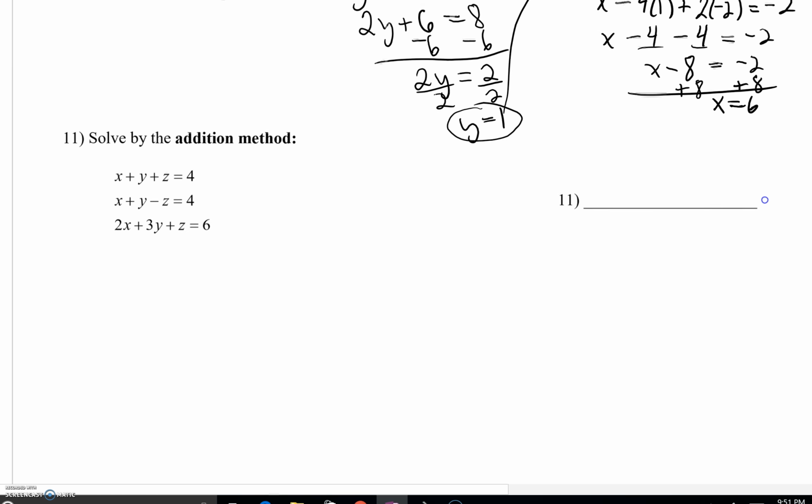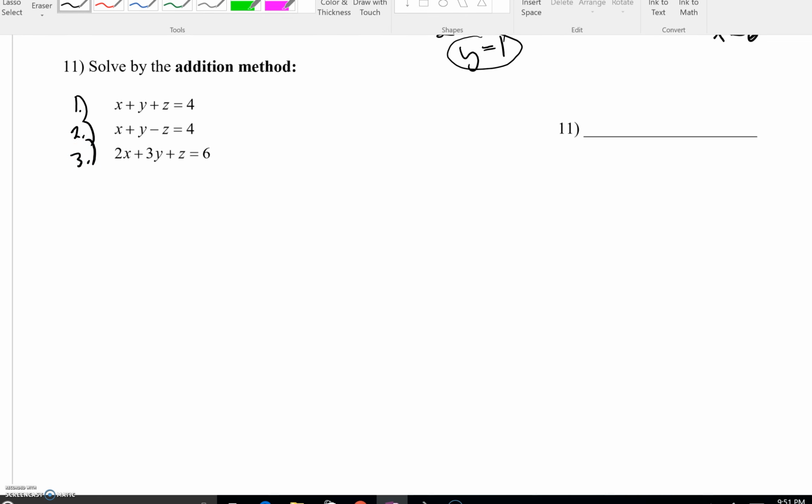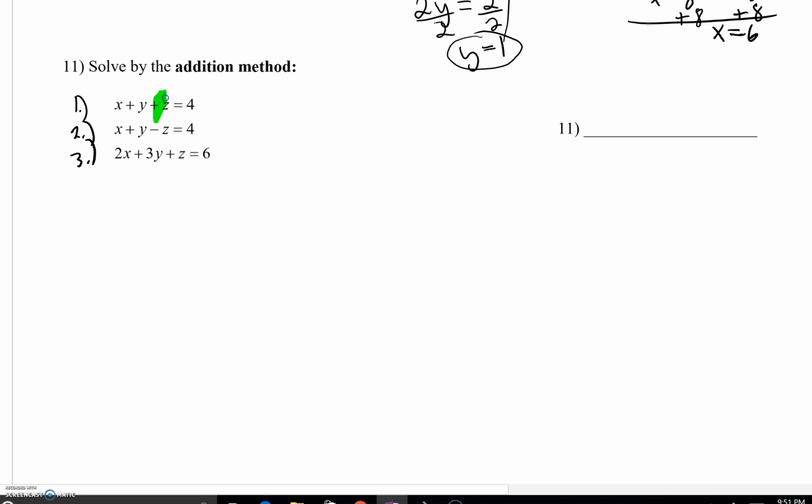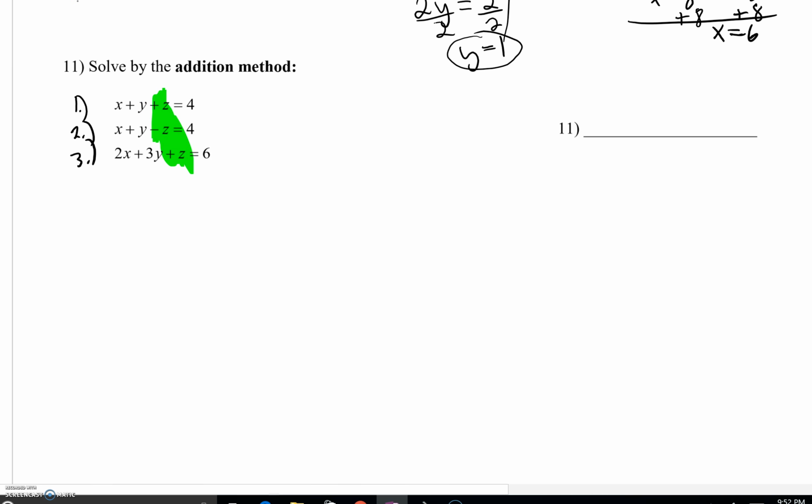As we move to number 11, definitely the longest problem on the test. No denying that at all. What I hope students will pick up, though, is even though it's the longest problem that you're going to be doing, it doesn't mean that it's very, very difficult necessarily. It's just tedious.